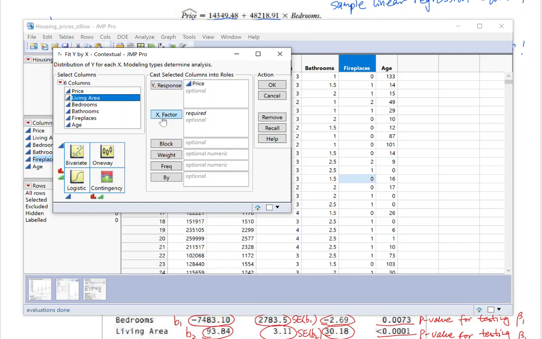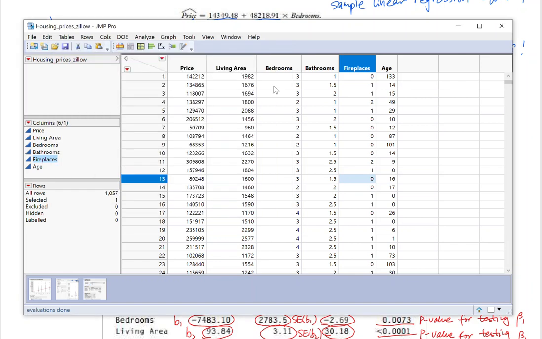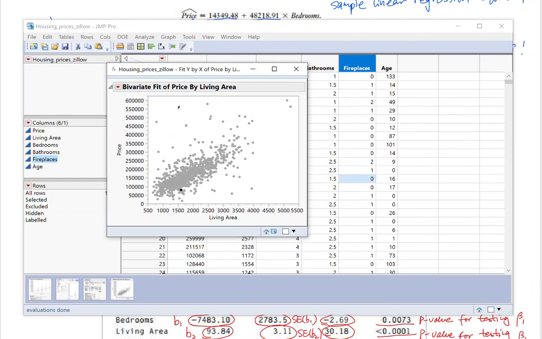This is the scatter plot between the living area and the price. It shows a fairly strong linear relationship. That is why the R square is increased, because this explanatory variable strengthens the relationship between the x and y.